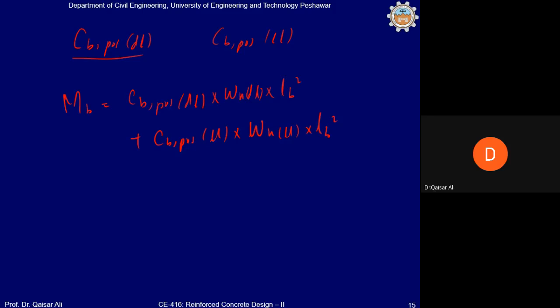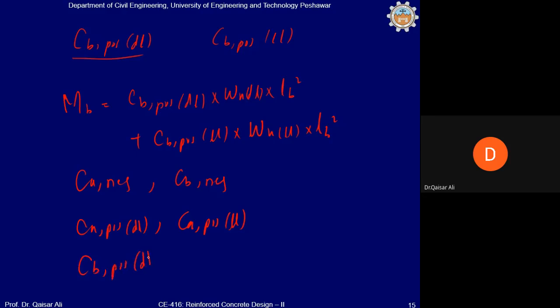So you can see total 6 coefficients will be required: Ca negative, Cb negative, Ca positive dead load, Ca positive live load, Cb positive dead load and Cb positive live load. Clear?